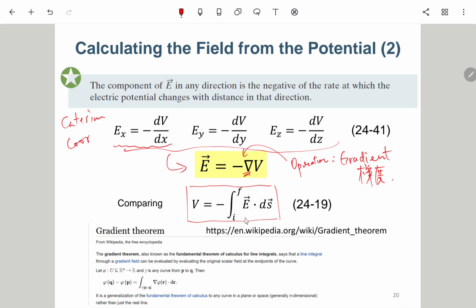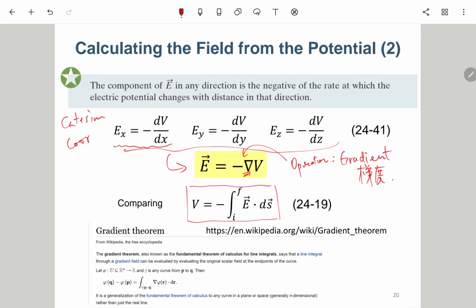What I want to mention is that the integration of the E field is related to the potential, and the derivative of the potential is related to the E field. I suppose you should have learned this in the calculus class, although not this version.